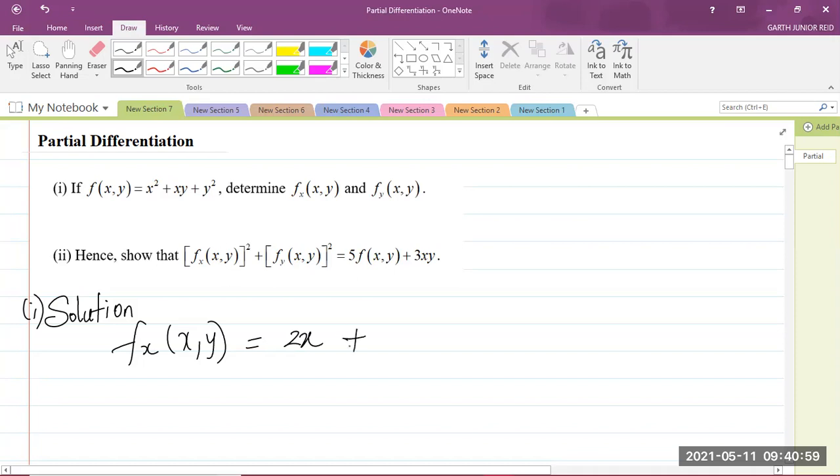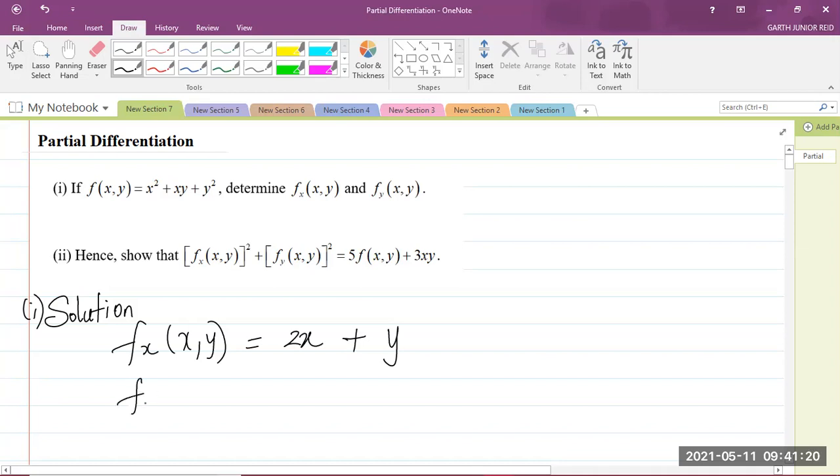Plus, if you differentiate xy with respect to x, you will get y. If you differentiate y squared, remember y squared is a constant, so you will get 0. So we don't need to write that. So we have finished finding the partial derivative of f with respect to x.